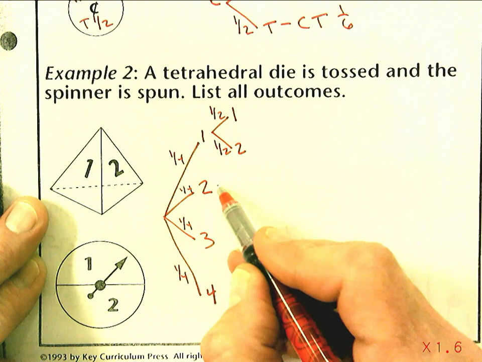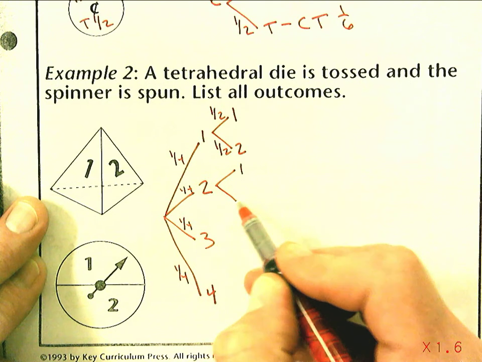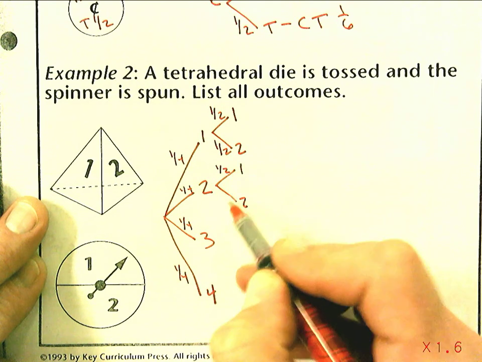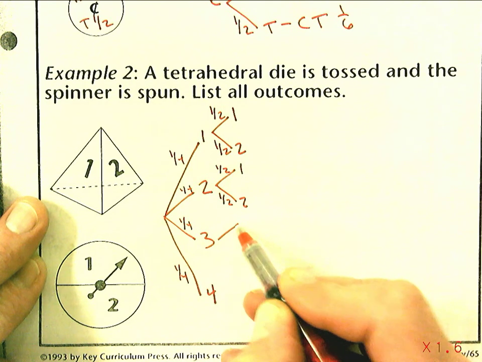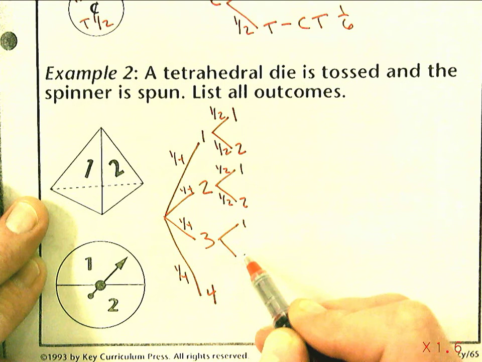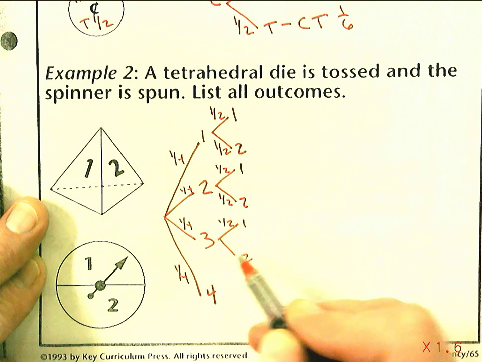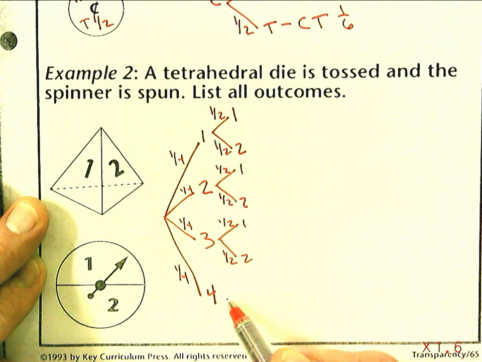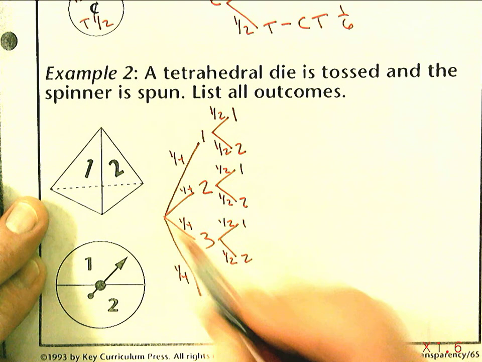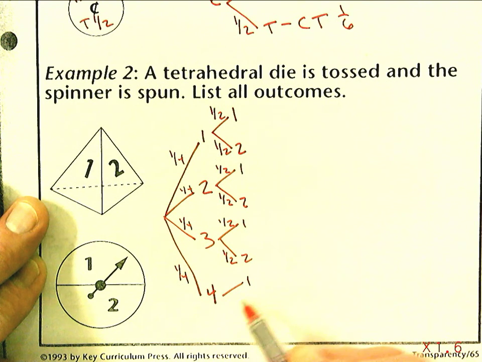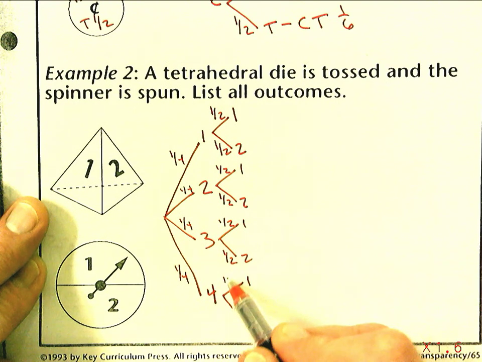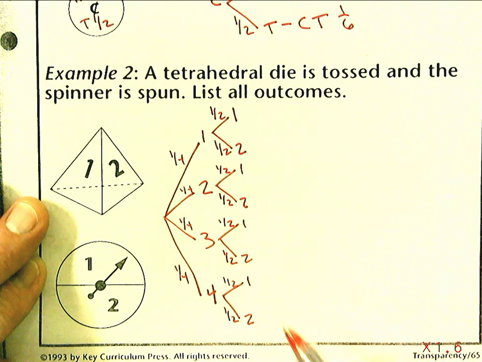And if I had rolled the 2, again I have the same possibilities. And if I had rolled the 3, again I could have gotten a 1 or a 2 on the spinner. And if I had rolled a 4 on the tetrahedral die, could have gotten a 1 or a 2 on this branch as well.